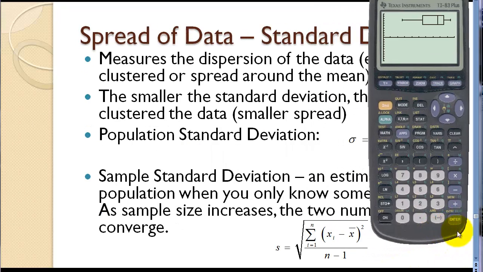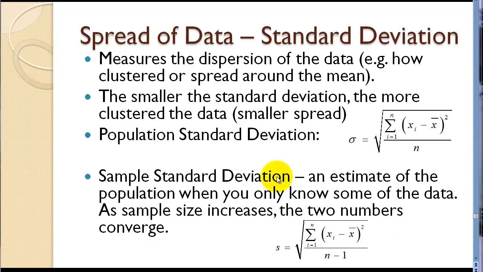Another frequently used measure of the spread of the data is called standard deviation. It measures how the data is dispersed or how it's clustered. We use the symbol, the Greek letter sigma, to represent standard deviation, and that's for an entire population. Now we used this summation symbol in our last video.